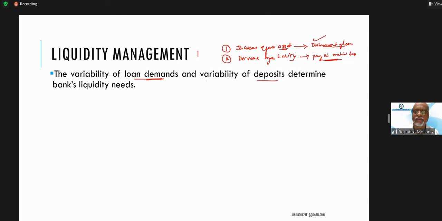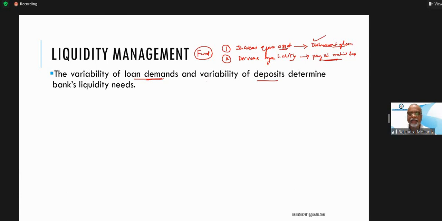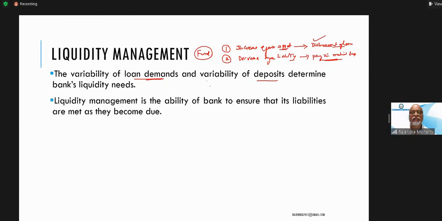In both cases, fund is the main thing. Fund has to be there in the bank. So liquidity management is the ability of the bank to ensure that its liabilities are met as they become due.